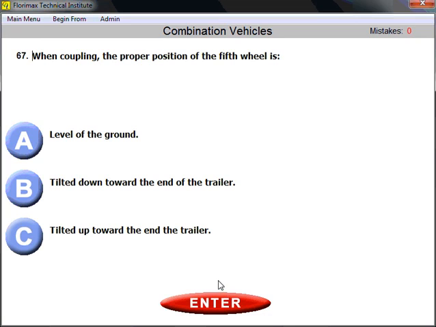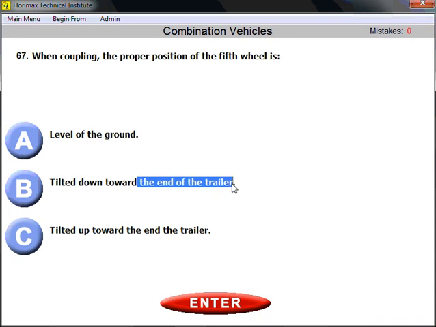Question number 67. When coupling, the proper position of the fifth wheel is, you just need to figure out. It should be tilted down toward the end of the trailer. The fifth wheel, when unlocked, is a little bit tilted down toward the end of the trailer.